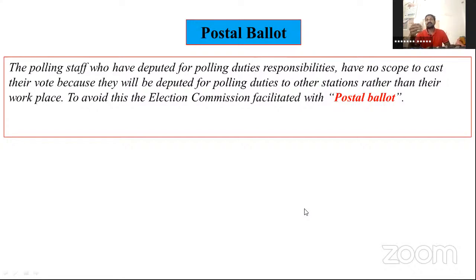At that time, they have no chance or right to vote. There is no possibility. They are on election duty, like employees. Particularly, I am also an employee. I am on election duty, but I have a vote. How to cast my vote? So this is the problem. In this regard, look at this.